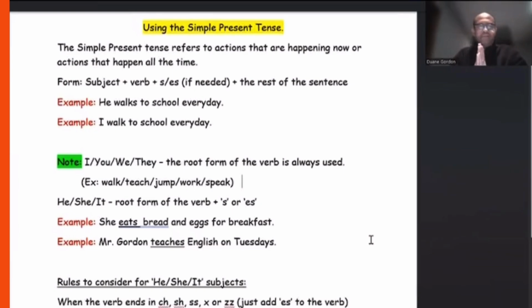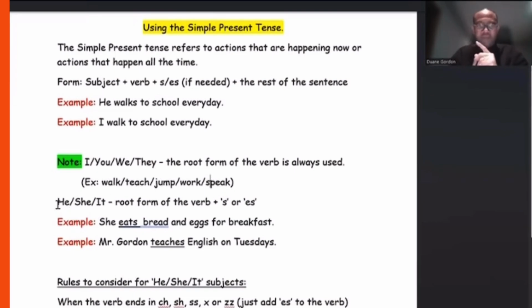No s, no es. I walk. You walk. We walk. They walk. Same. We teach. They jump. You work. I speak. And the rest of the sentence.